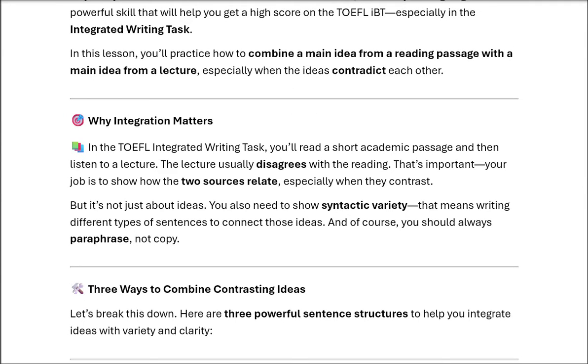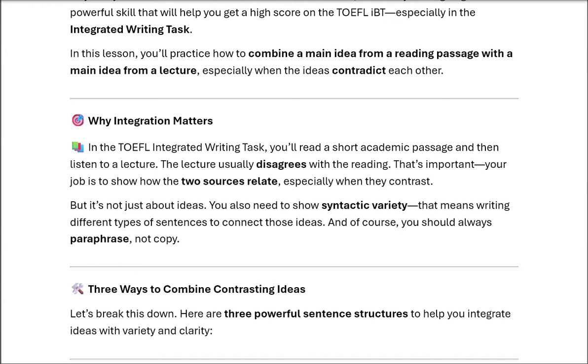So why does integration matter? In the TOEFL Integrated Writing Task, you'll read a short academic passage, and then you'll listen to a lecture. The lecture usually disagrees with the reading. That's important. Your job is to show how the two sources relate, especially when they contrast. But it's not just about ideas. You need to show syntactic variety.